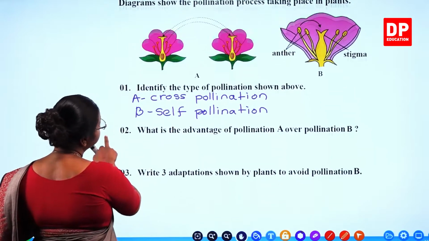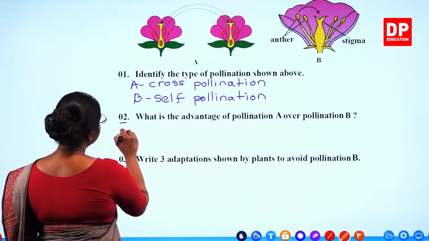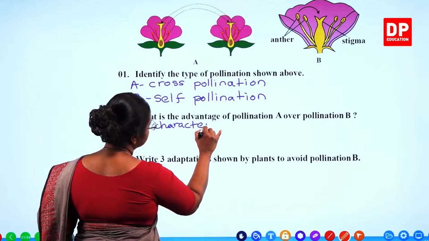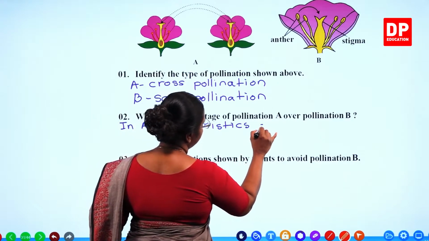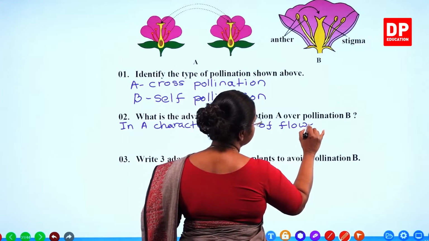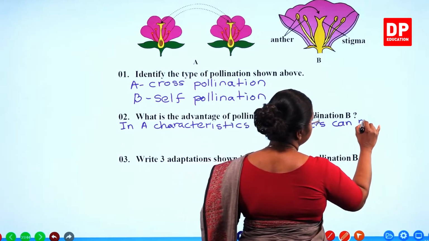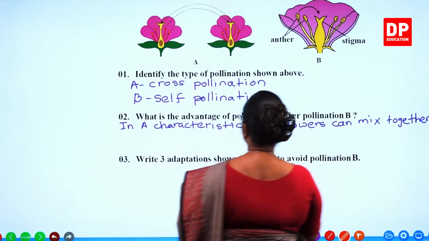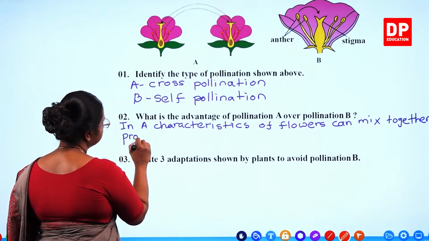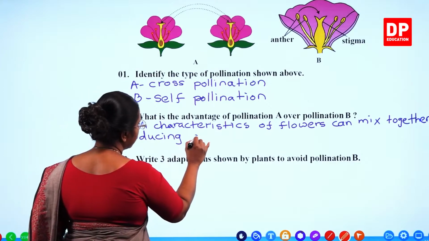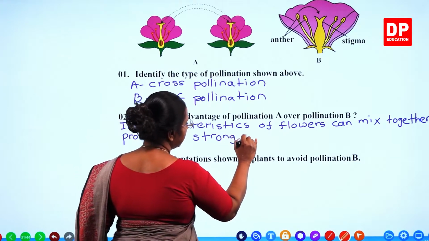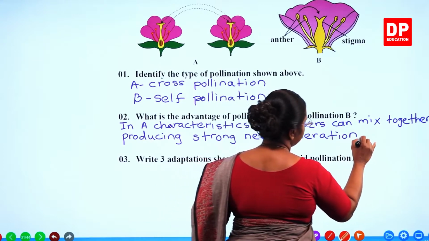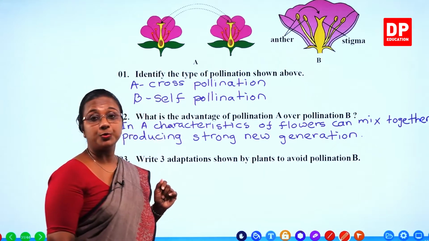So here we can say, in A, characteristics of flowers can mix together, producing strong new generations. So that is the advantage of cross-pollination.